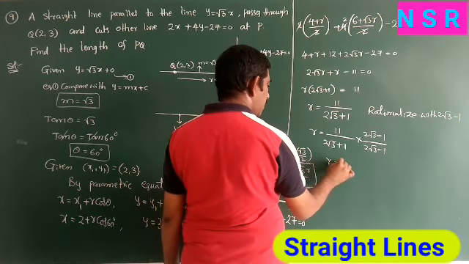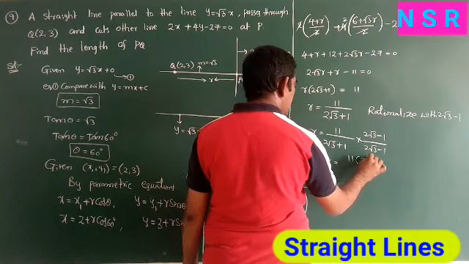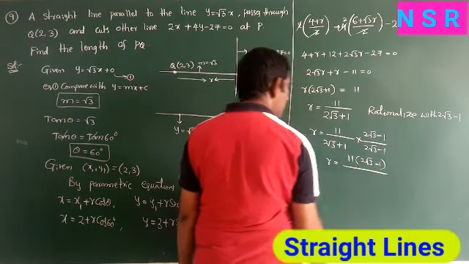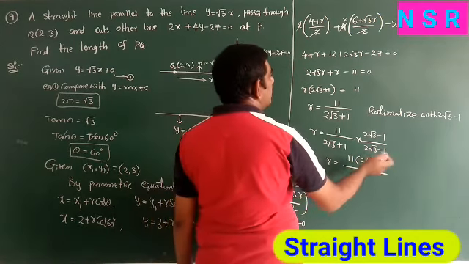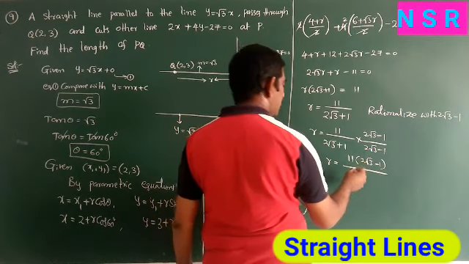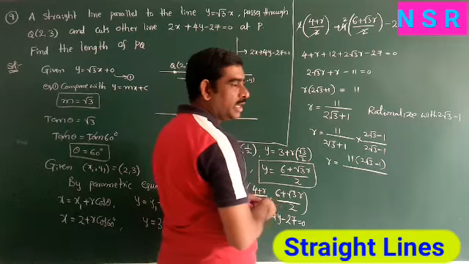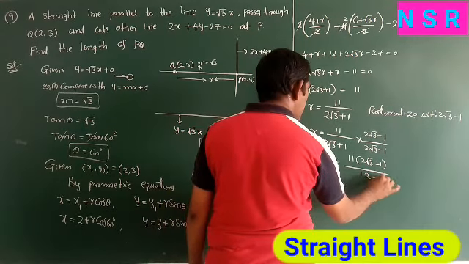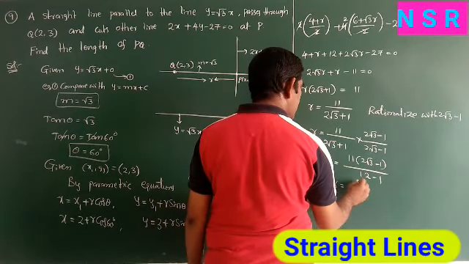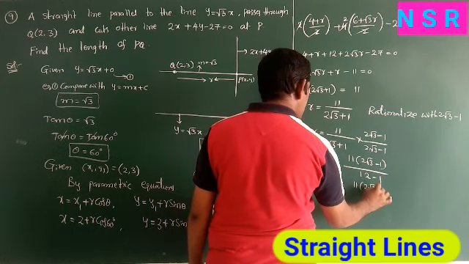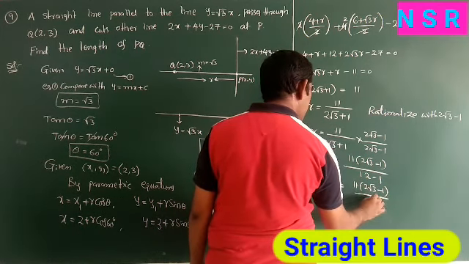So now r equals 11 into (2 root 3 - 1) by, this is (a + b)(a - b), a square minus b square: (2 root 3) square is 4 into 3, which is 12, minus 1 square, 1. So (2 root 3 - 1) by 12 - 1, which is 11.